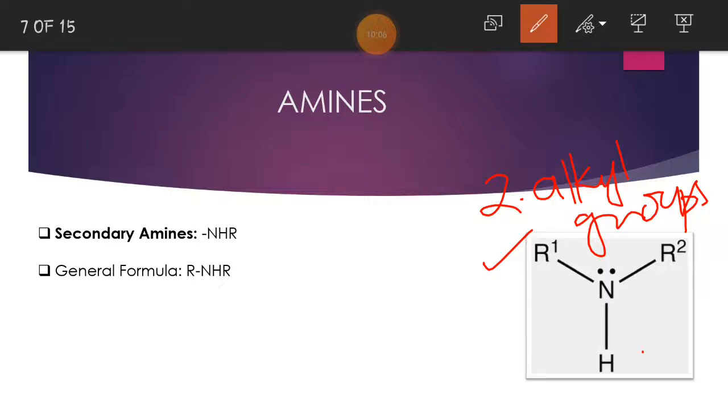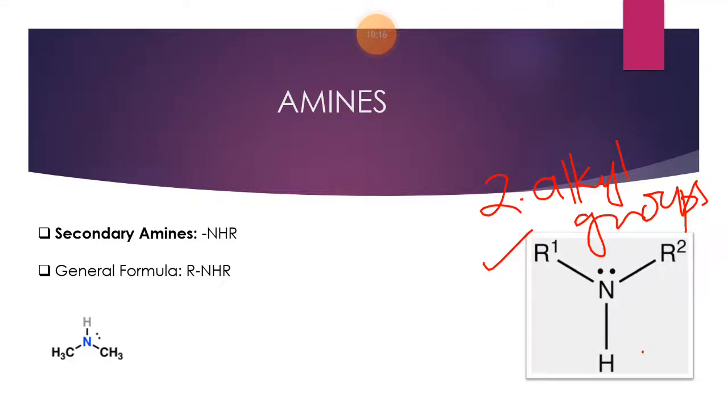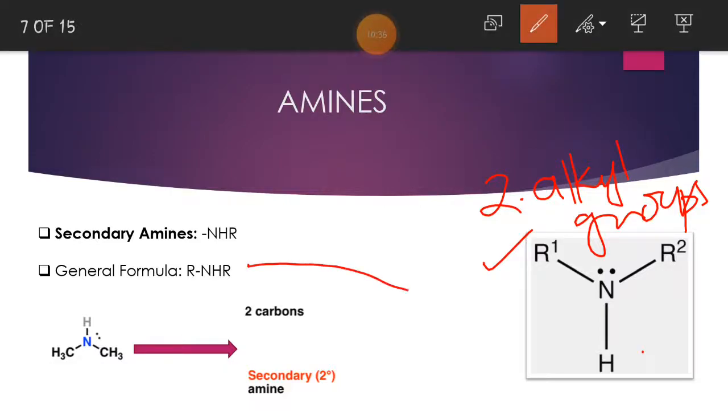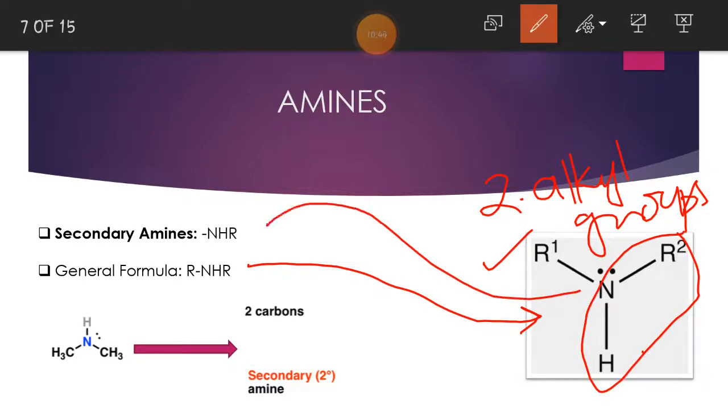Whereas in the secondary amine, nitrogen atom is attached to two alkyl groups and only one hydrogen atom. Example for secondary amines include dimethylamine. Now, since this nitrogen atom is attached to two carbons, therefore this amine is considered as a secondary amine. This general formula is the condensed structural formula for this representation, and this NHR is the functional group for the secondary amines.